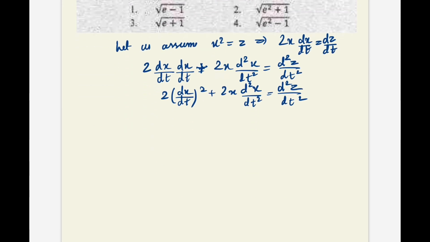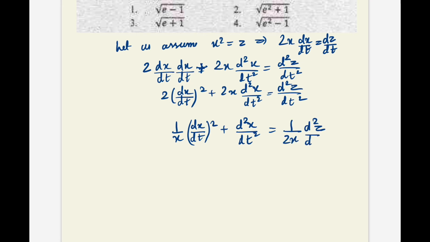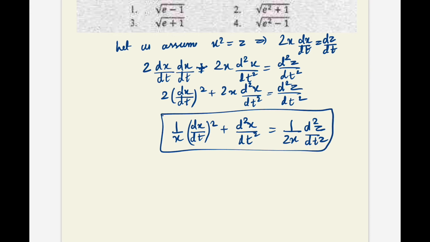Then divide by 2x, we get (dx by dt) whole square upon x plus d2x by dt square equals to 1 upon 2x d2z by dt square. So we substitute the given differential equation by this and this.